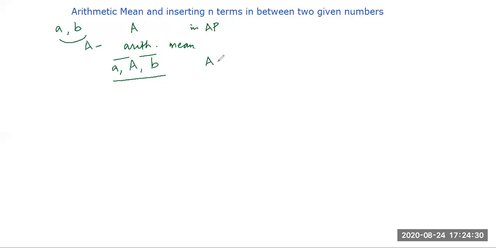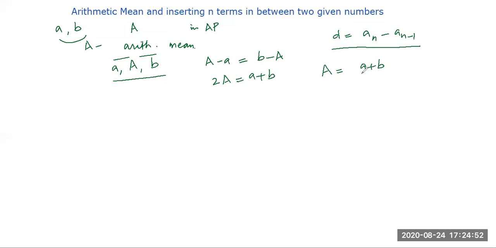I could say A minus A is equal to B minus A because I know common difference D is equal to A n minus A n minus 1. Right. So from this, I can write 2A is equal to A plus B, or A is the average of A and B, A plus B by 2.